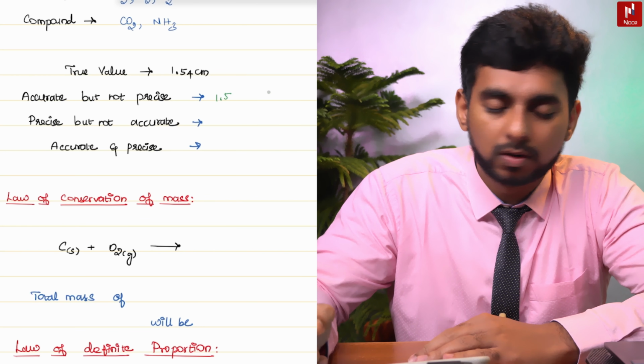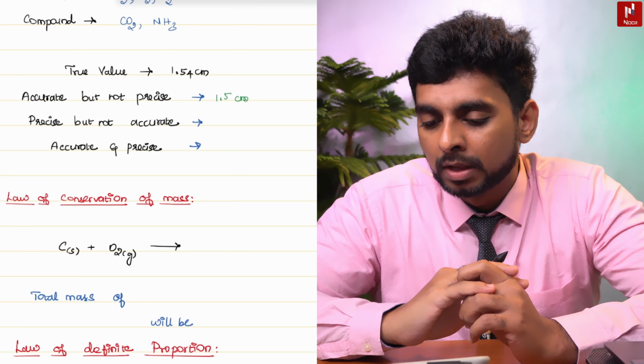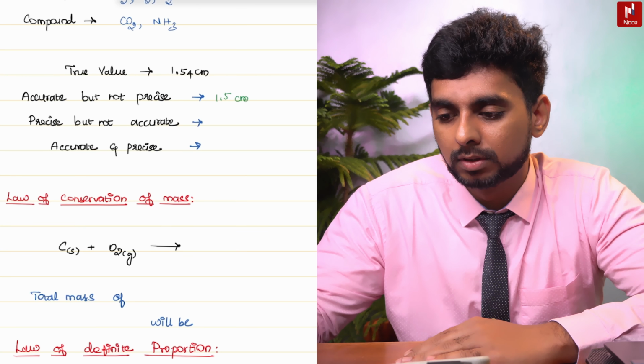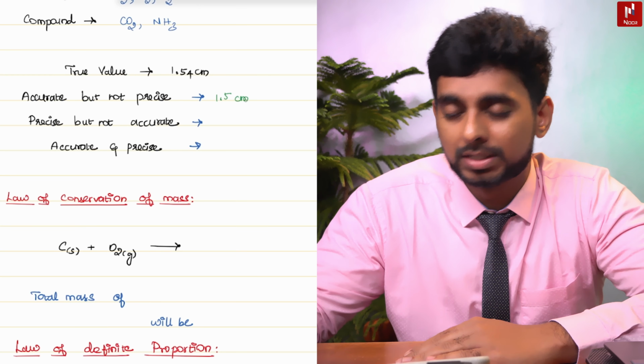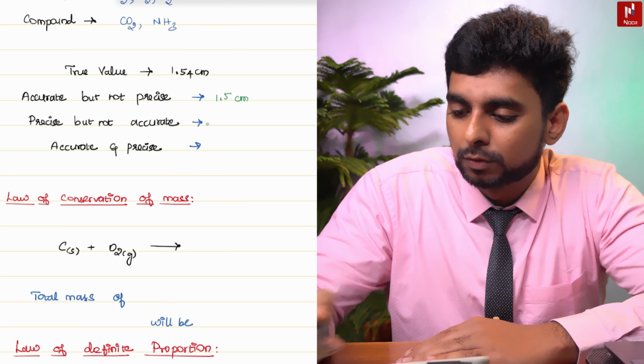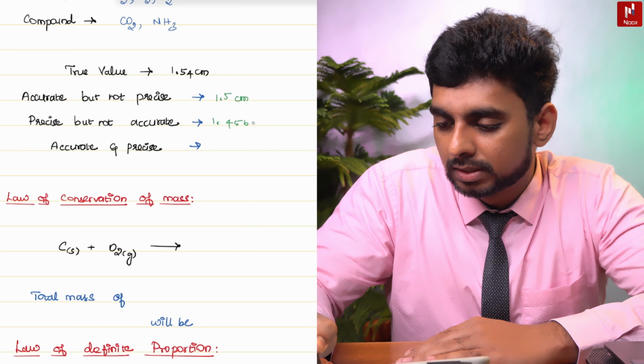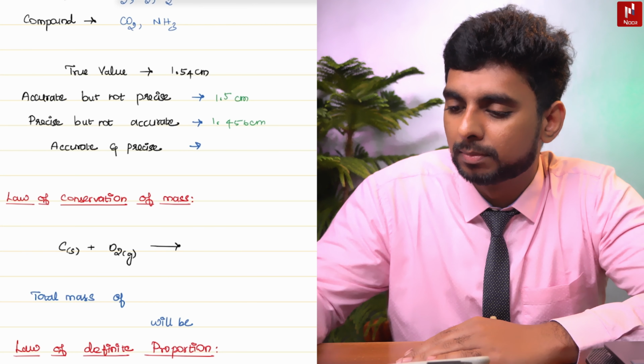So the first one should be clear. Then you have got precise but not accurate. So here in this condition, he has found extra decimal places, but the answer was wrong. So he has found something like 1.456 centimeters, something of that sort, whatever the number could be.